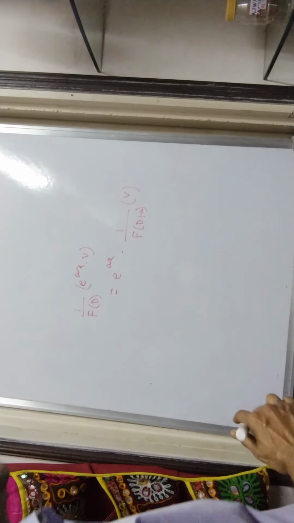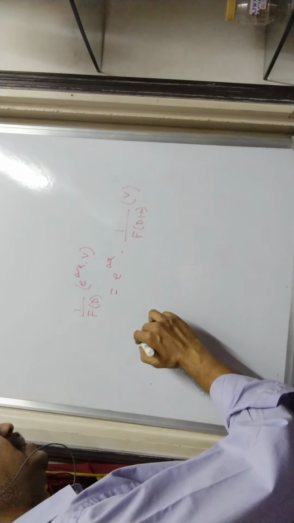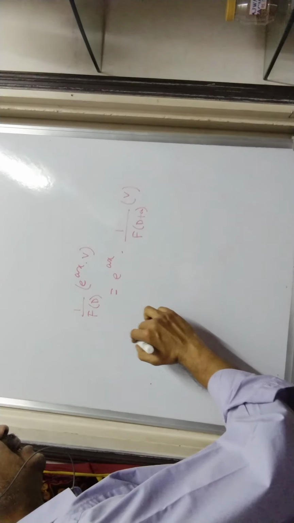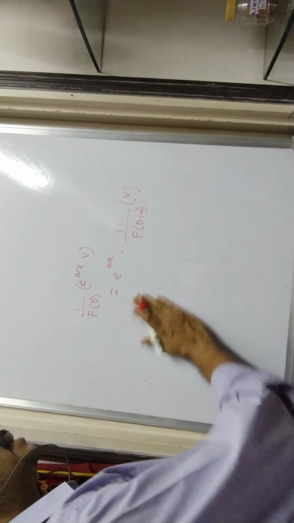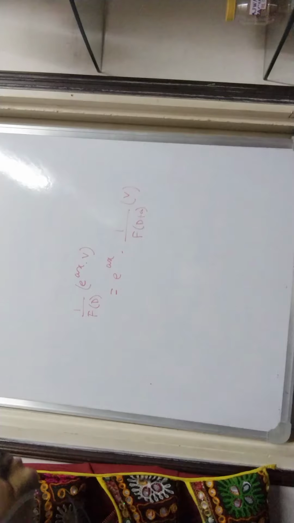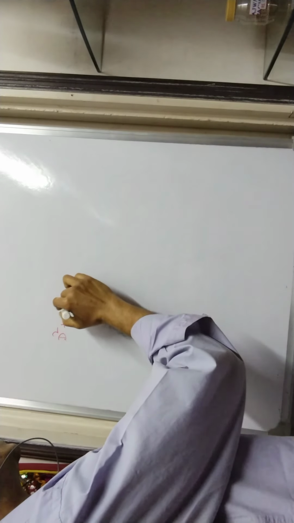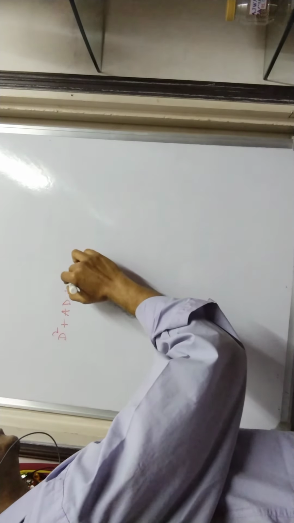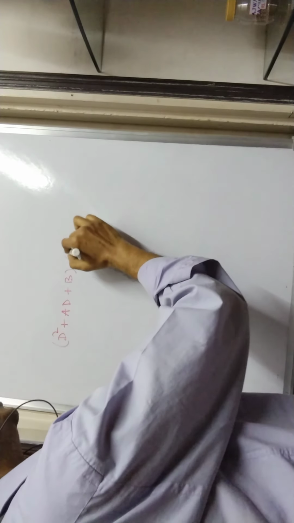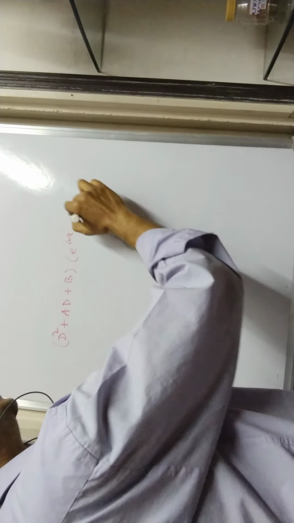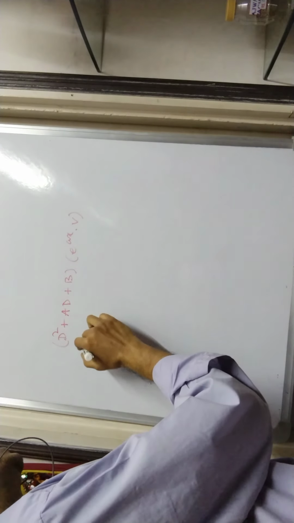Now how does it happen? Let us illustrate. Let us similarly take D square plus aD plus b operated on e to the power ax into v. Here v is any function of x. So what does it become?